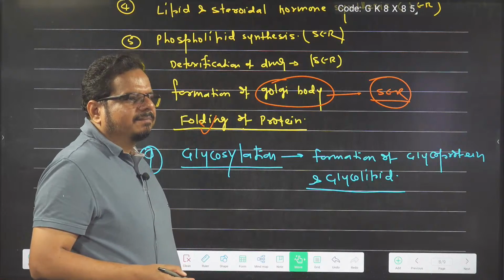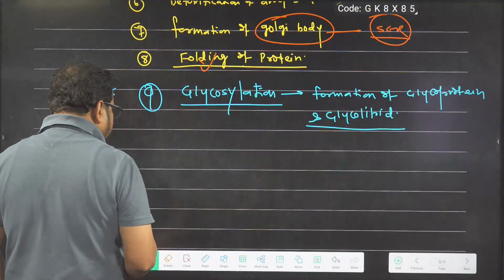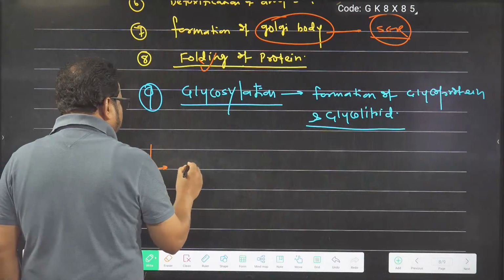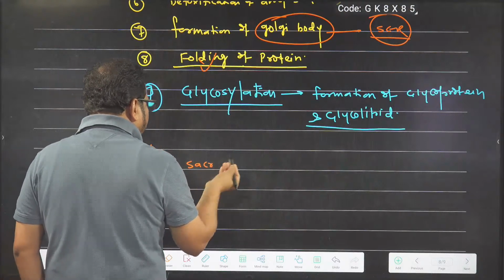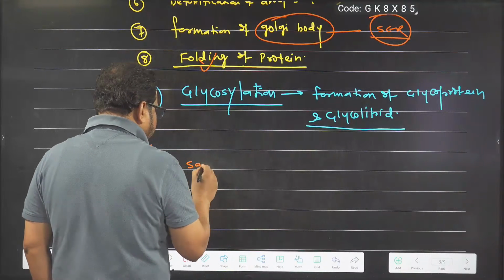Right. So you studied about sarcoplasmic reticulum in muscles. So sarcoplasmic reticulum is a modified ER. In zoology you will study about this.